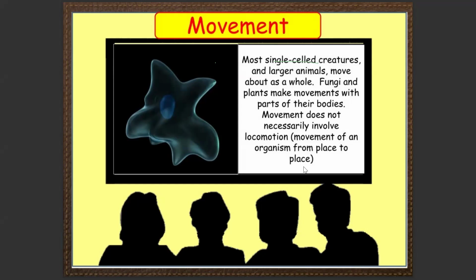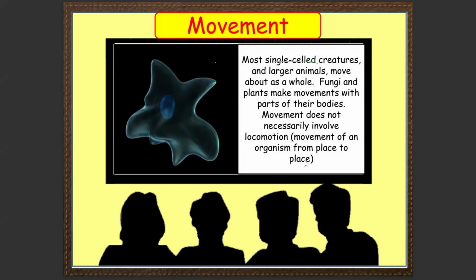The difference between movement and locomotion is that movement is just like you are at your position and you are moving your hands or your legs. That is movement. Locomotion is that you are sitting at one place and you go to another room. That is known as locomotion. Movement and locomotion are two different things.